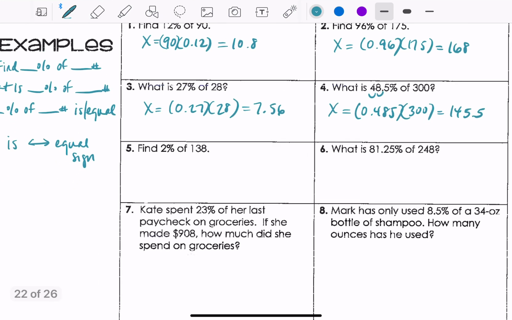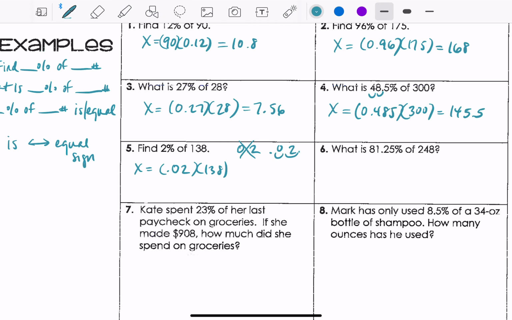Next one, find 2% of 138. The tricky thing about this is 2%, so x equals 2%, you might be tempted to put 0.2, but that's not correct. You're moving the decimal place 2 spaces, so it is going to be 0.02 times 138. So be very careful with single-digit percents because you actually have a 0 in front of them after the decimal point.